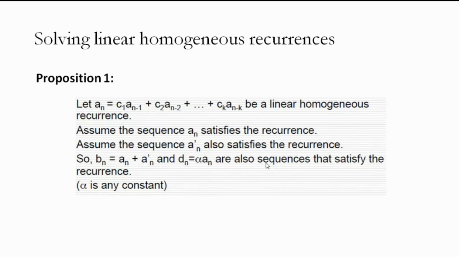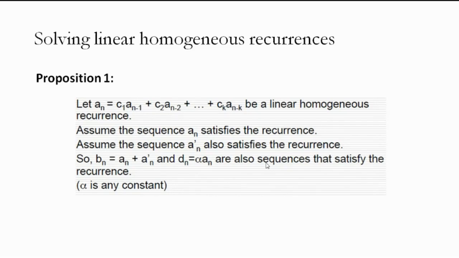You are supposed to generate the Fibonacci series up to 50. You have generated up to 30, then from 31 to 50 will give you the same linearity. The same thing here. So Bn is equal to An plus An dash, and Dn is equal to alpha An are also sequences that satisfy the recurrence.